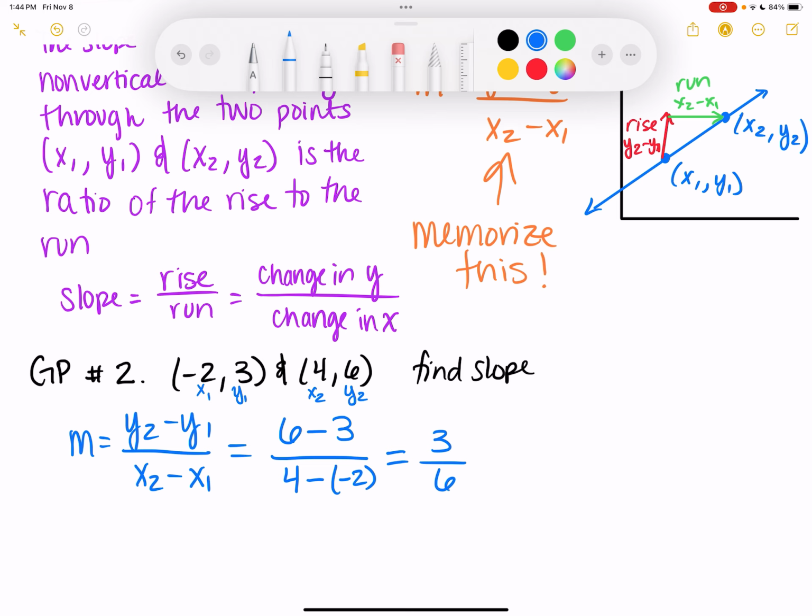Minus a negative would be plus, so 4 plus 2 is 6. Can I reduce this? Yes. And what would it be when you reduce it? 1/2. So the slope of this line is 1/2. All right, and obviously we'll do more, but I just wanted you to have one for reference right there with those notes.